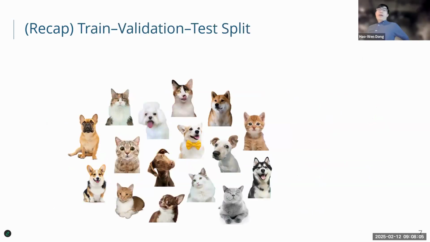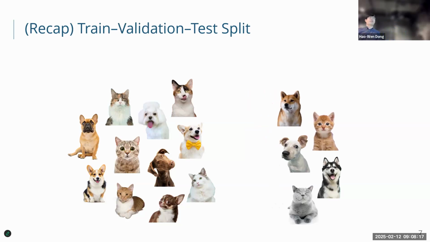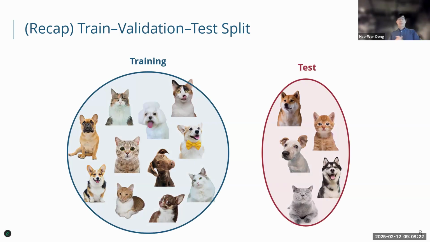And then we talked about the train validation test split. This is the way that we do it in machine learning. So the first thing we do is to break your data set into two parts: part of it is the training set, part of it is the test set. So the test set, again, is an artificially created set that is just used to objectively evaluate your machine learning model.